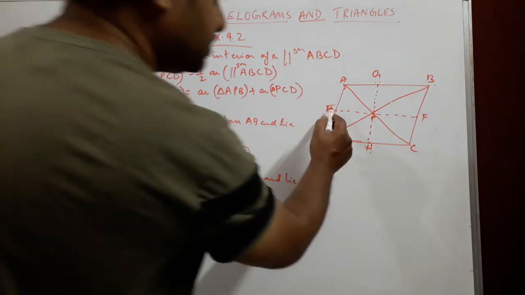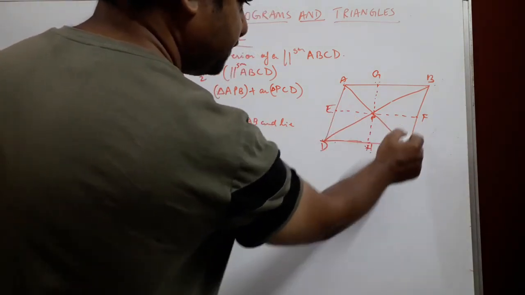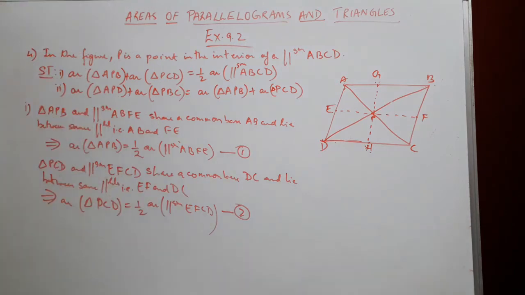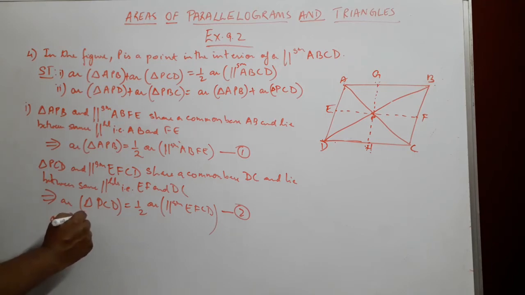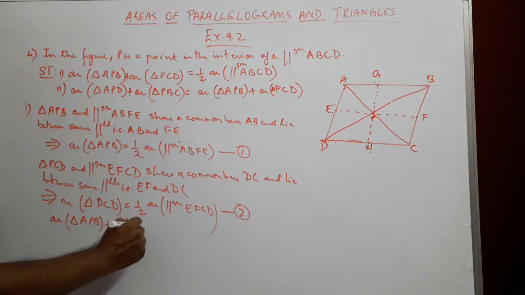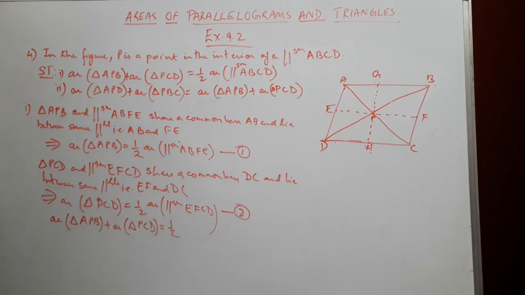Okay, so now we have considered just this parallelogram, this closed figure in which this triangle PCD is there, and we've got this relationship. Our next job is to add 1 and 2. So we write over here area of triangle APB plus area of triangle PCD equal to half. I'm going to take common between the two.